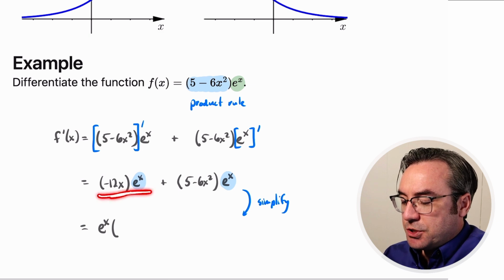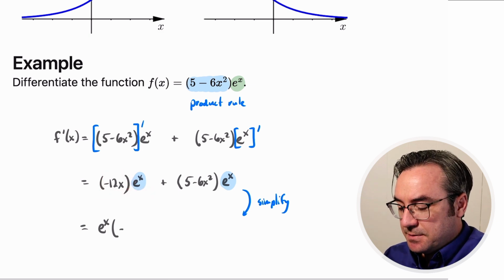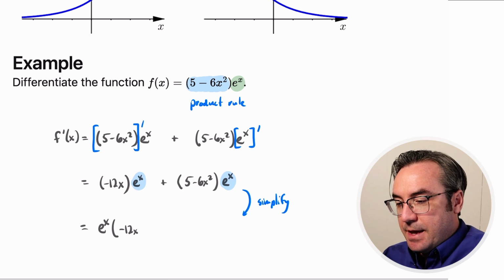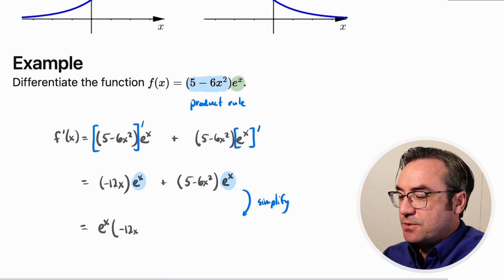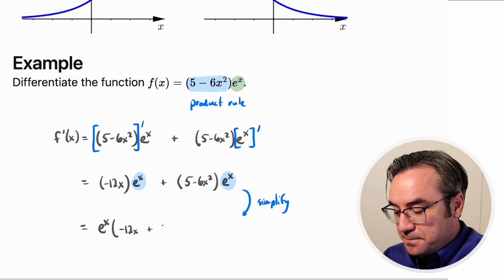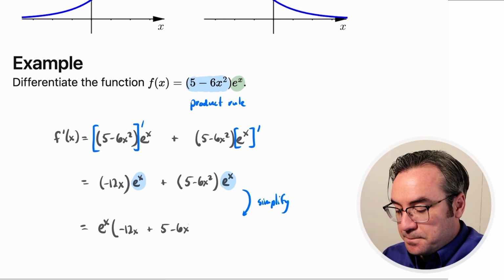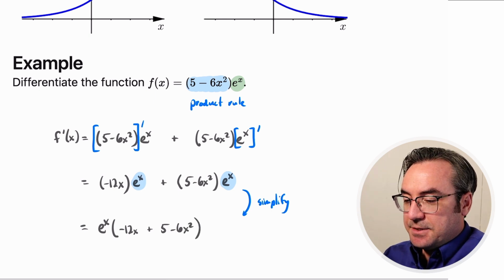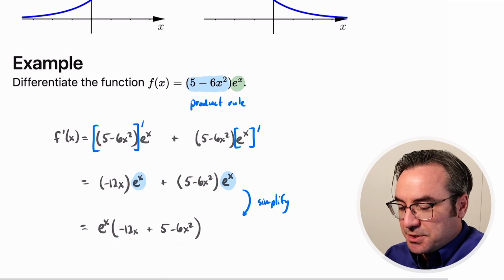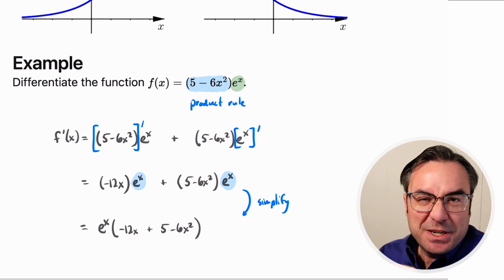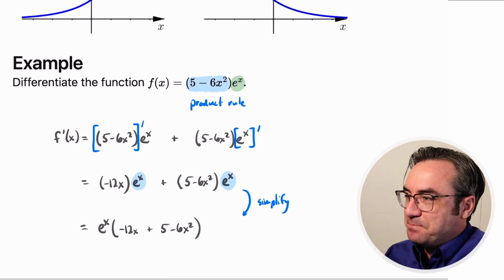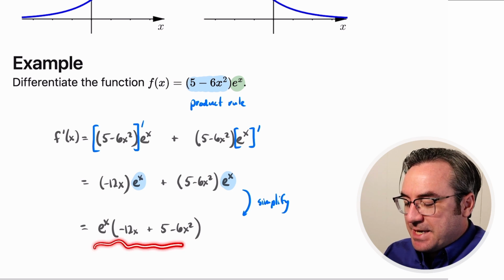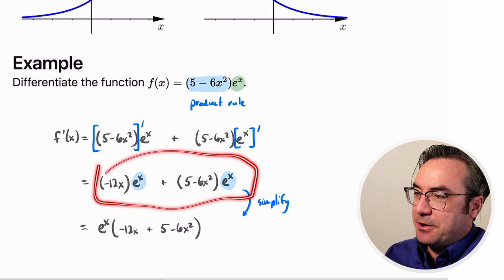From the first portion, we're going to have the negative 12x, and from the second portion, we're going to have plus 5 minus 6x squared. We could rearrange the terms to give them in decreasing order for the powers of x, but that's fine. This part's not really necessary. We could have just stopped here.